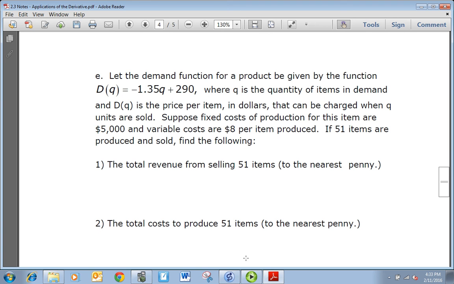Alright, so remember that if you go back to the beginning of your definitions, revenue is equal to price times quantity.